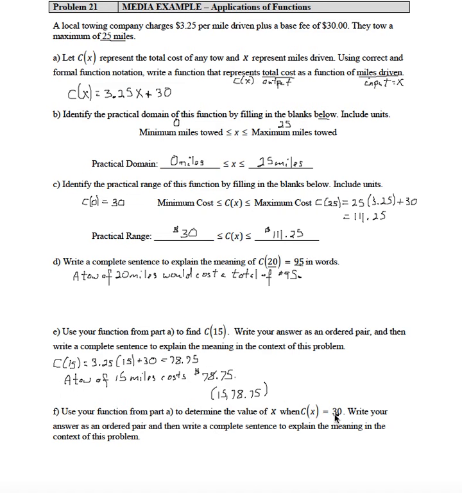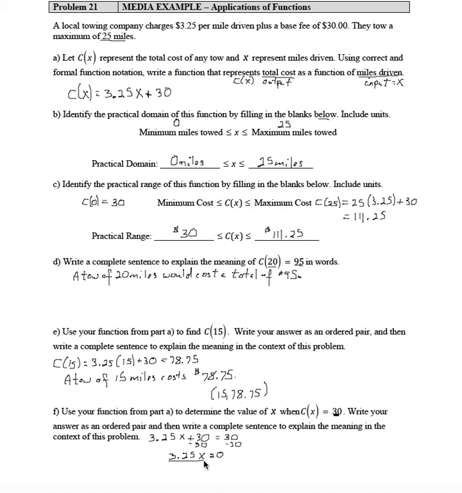So 30 is an output. We want to set our function 3.25x plus 30 equal to 30 as an output. So I'm going to solve for x. If I subtract 30 from both sides here, I get 3.25x equals 0.